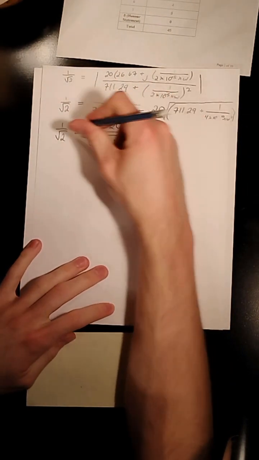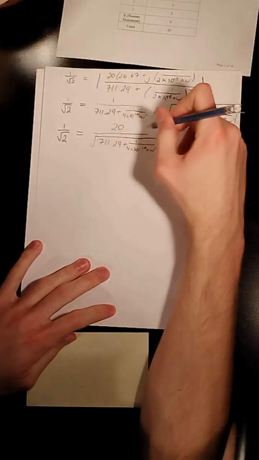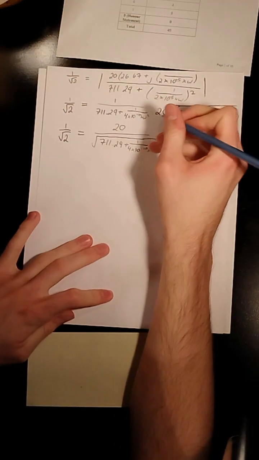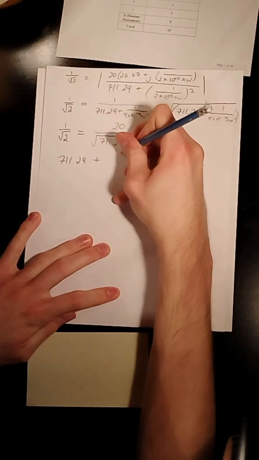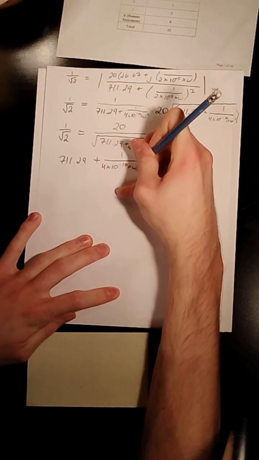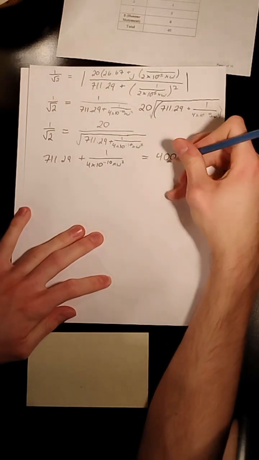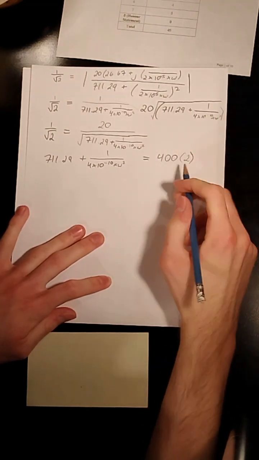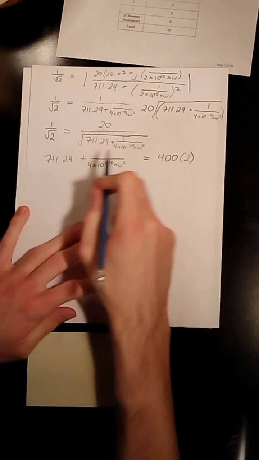Multiplying both sides by the denominators, so move this to the top over here and move this to the top over here and square both sides, you would end up with 711.29 plus 1 over 4 times 10 to the negative 10 times w squared is equal to 400 times 2, 400 being 20 squared. And then we're good.